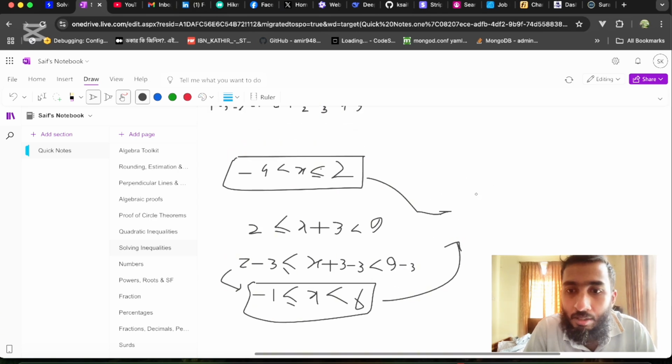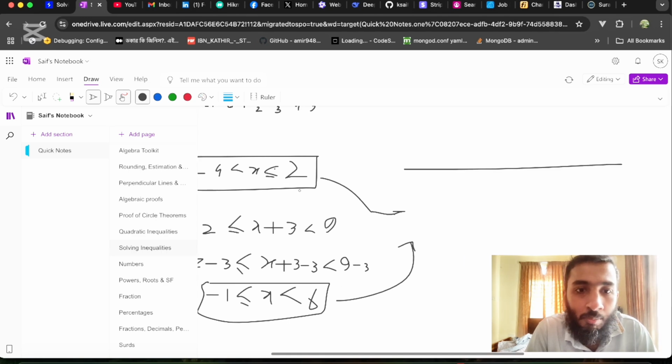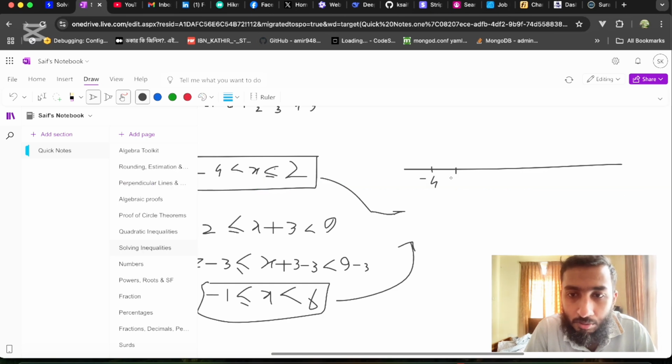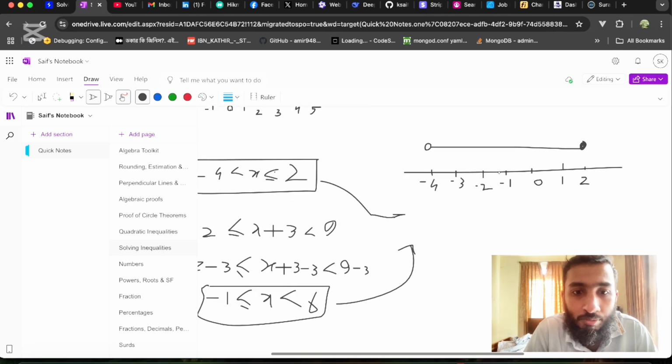So if I put the inequality on the number line, it's minus 4, minus 3, minus 2, minus 1, then 0, then 1, then 2. So minus 4 less than x less than or equal to 2. It's less than or equal, so it's going to be inclusive of this number. So this is the range of all the possible values of x.